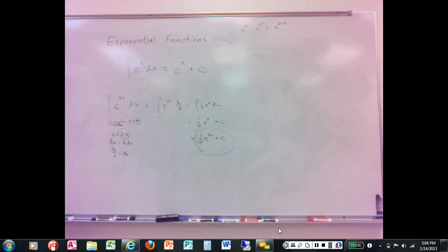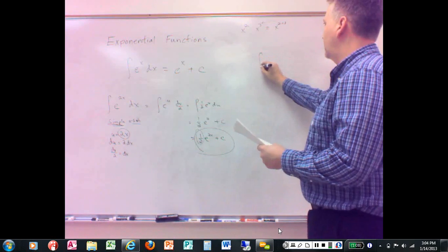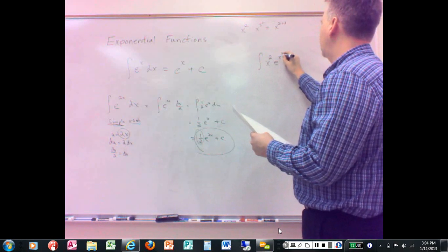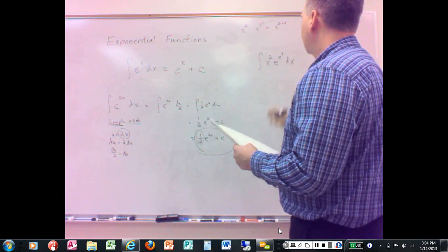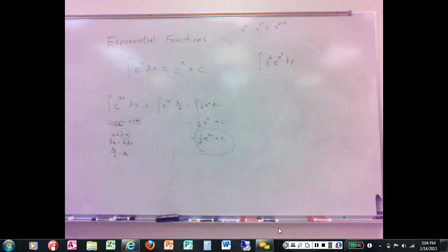All right. What about this one? The integral of x squared e to the x cubed dx. Again, I need something there to work out because with integrals, I don't have a product rule. The product rule is only for derivatives.